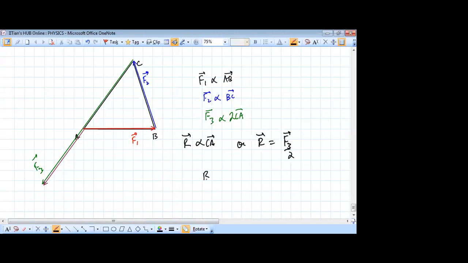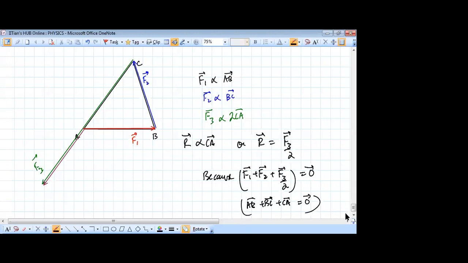Okay, because F1 plus F2 plus half of F3 is equal to 0, because it is forming that triangle. Because this resultant would be 0. That's why.